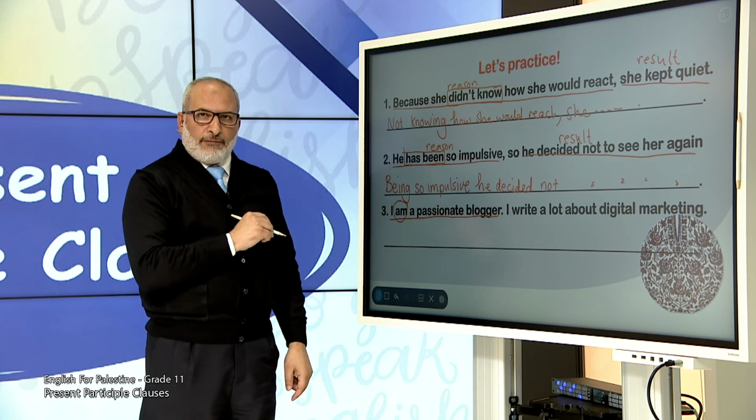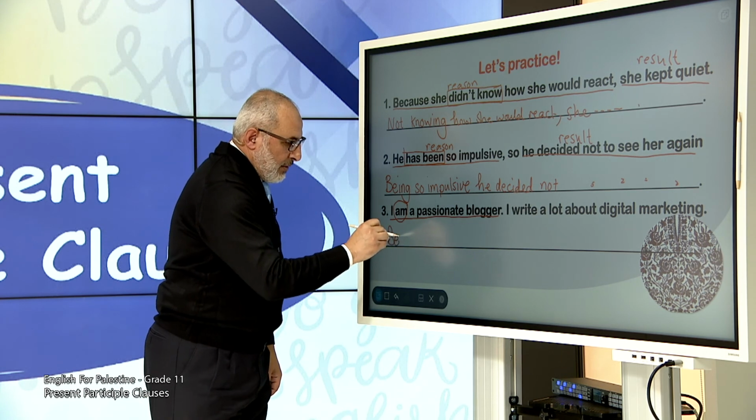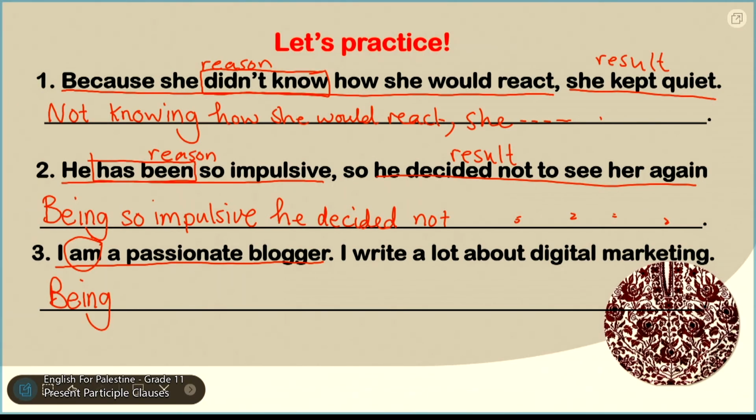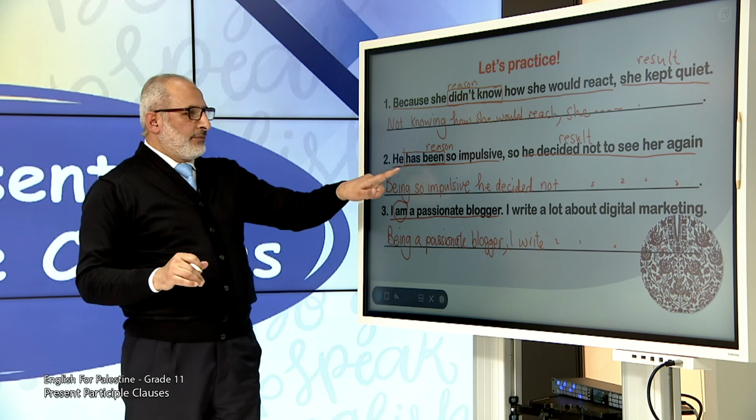What is the infinitive form of am? It is be. Good. Be with ing: being a passionate blogger, comma, I write a lot about digital marketing. Is it okay now? Great.